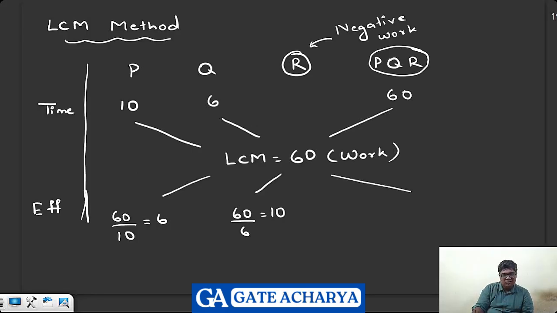I don't know R, so forget R. PQR I know. But remember, here I have to treat the work as negative, because the tank is not getting filled, rather the tank is getting emptied. So minus 60 divided by 60. Answer is minus 1.